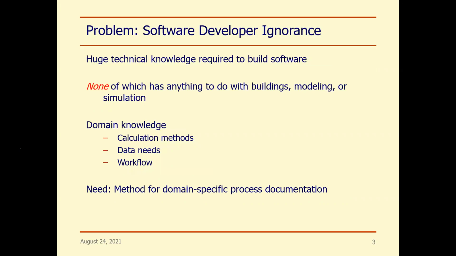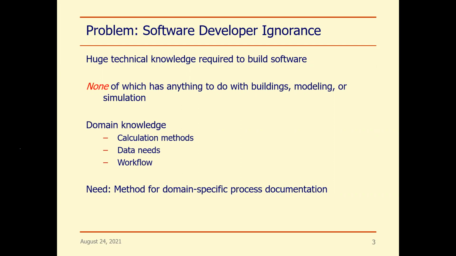The problem faced is that software developers are brilliant people and know a huge amount about many technical things, none of which has anything to do with buildings, modeling, or simulation. To make good applications for our domain, you need the knowledge from our domain: calculation methods, data requirements, and workflows that are practical for doing the tasks involved in building modeling and other engineering applications.